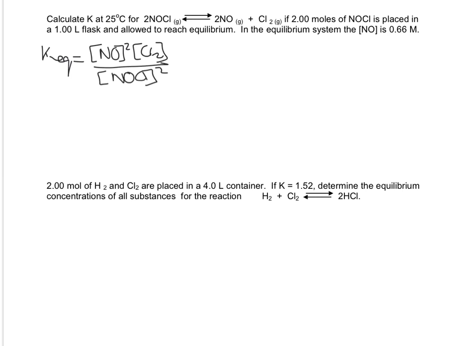So to do an ice chart, you write out your equation, so 2 NOCl yields 2 NO plus Cl2, and you write ICE next to it. The I stands for initial, C stands for change, and E stands for equilibrium.